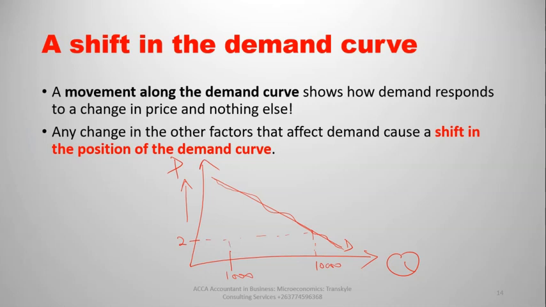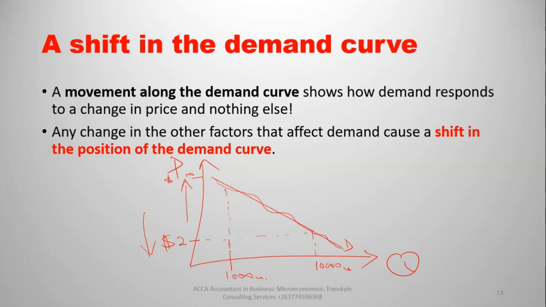So you can see that 1,000 units can only be demanded if we charge something like $10. So if we charge $10, we're only going to sell 1,000 units. But if we charge $2, we're going to sell 10,000 units. All right, so this means that the lower the prices become, the more the quantities of a good are going to be demanded.